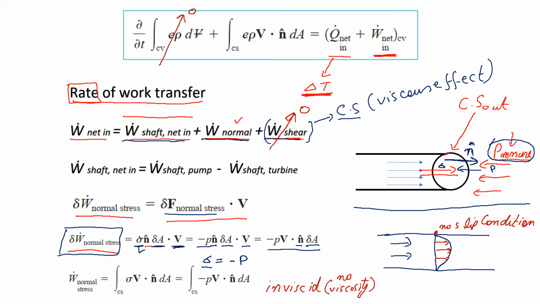And then in the rate of work transfer, the work required to overcome these shear forces, this term will be equated to 0. So what I am going to put now, instead of the rate of work transfer, the net work in, that is this term, I will put these two terms: the rate of work transfer to the shaft or by the shaft, and the rate of work transfer required to overcome the normal stresses on the control surface.